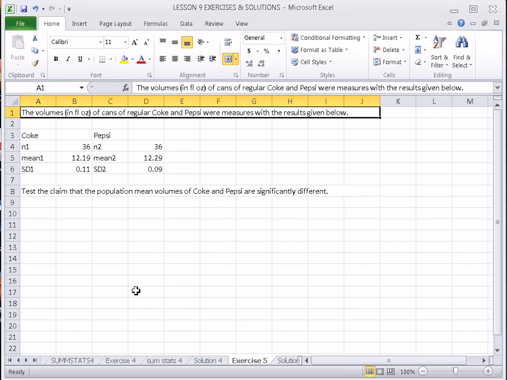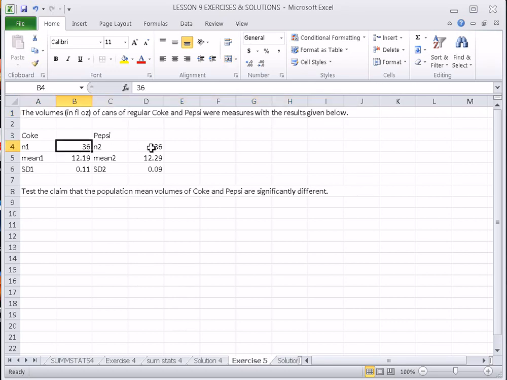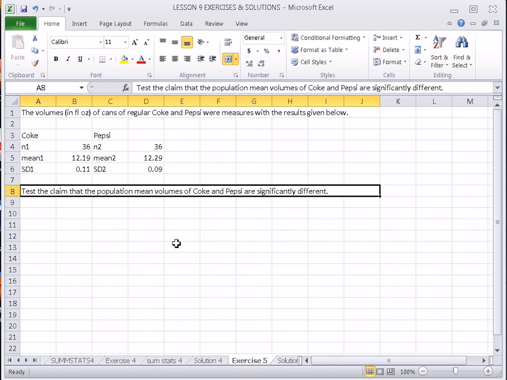We have larger sample sizes than before, 36 for both, and means that are both around 12, a little bit bigger, 12.19 and 12.29, and then here are the standard deviations. We're going to test the claim that the population mean volumes of Coke and Pepsi are significantly different.